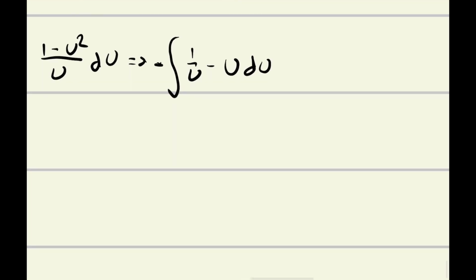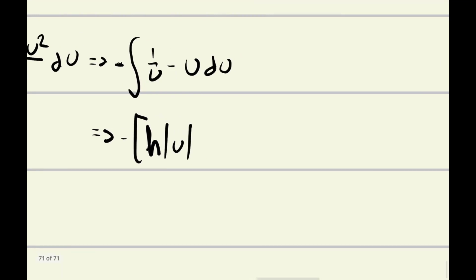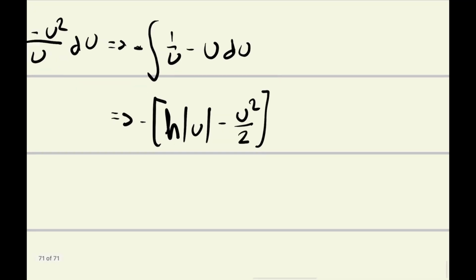And this is very easy to integrate. So we would have negative: the antiderivative of 1 over u is the natural log of the absolute value of u, and the antiderivative of u is u squared over 2.